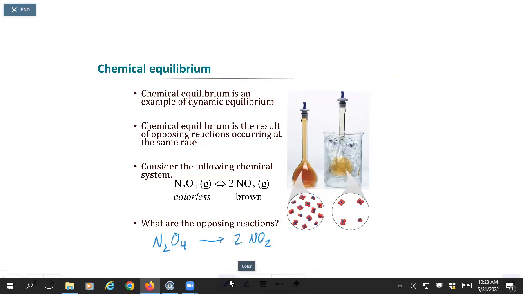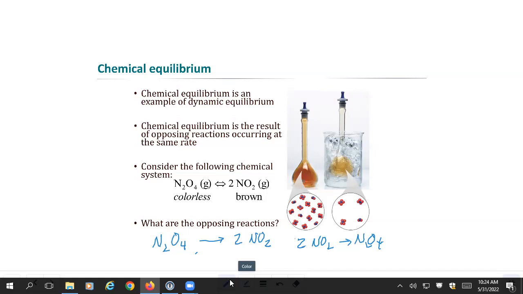But since we've introduced this idea of a reversible reaction, this double-headed arrow tells us that while this reaction is ongoing, the reverse reaction is also ongoing. If I were looking at this reaction system inside of a flask, I really wouldn't note any difference between the two.